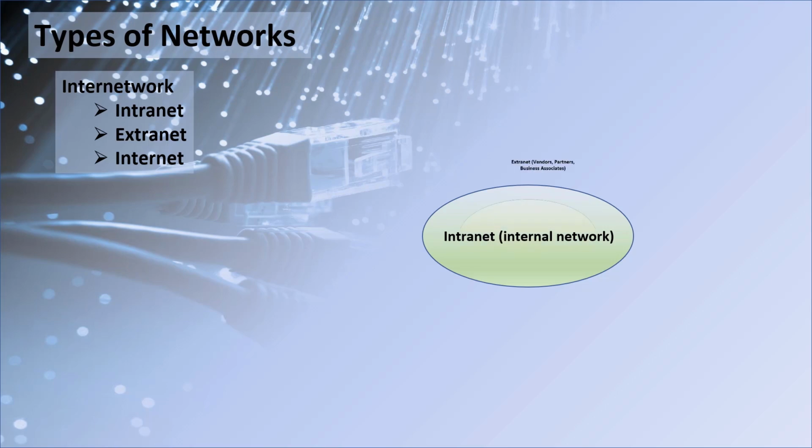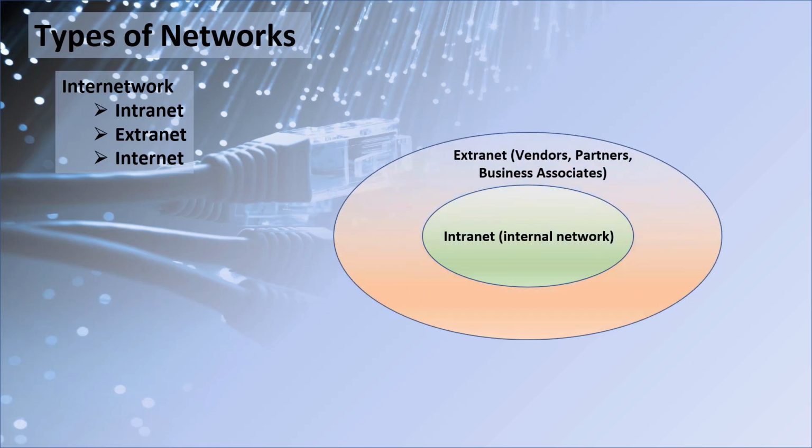Now, extranet is an extension of intranet. There is external access, but with limited access and control. For example, any organization may have some vendors, partners, or business associates, and they might require some access to the internal network, the intranet.